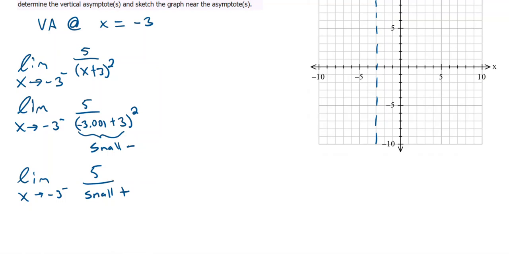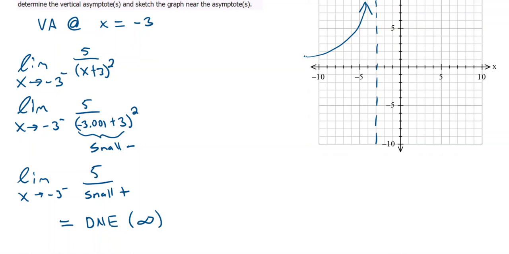Then 5 over a vanishingly small number gives us infinity. So in the end, this is equal to either, you can say it does not exist, but really it's infinity. It's both, right? It doesn't exist, but to be useful, we can say which way it goes. So close to this, it's approaching positive infinity. Okay? So we know that's the case on that one.